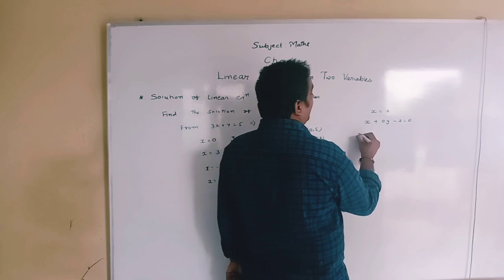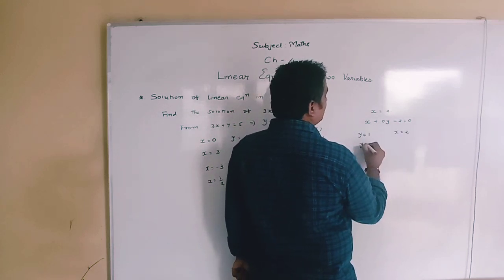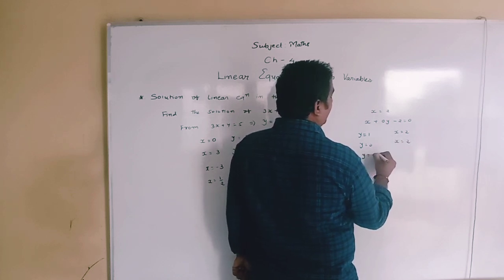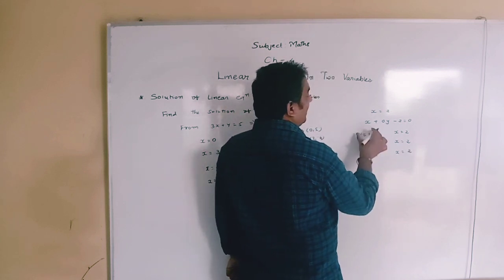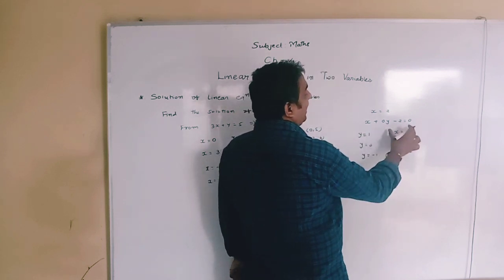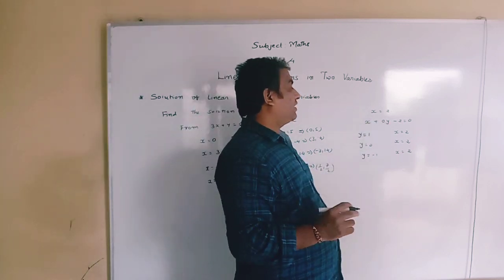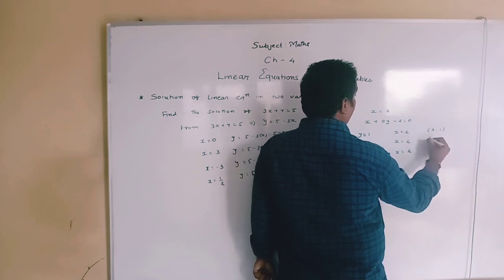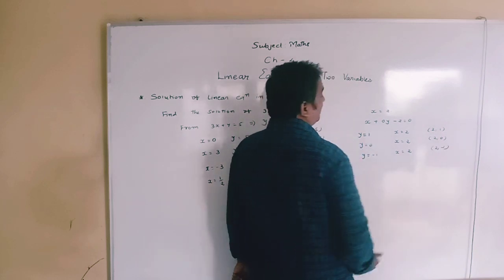So y equals 1, then x equals 2; y equals 0, then x equals 2; y equals minus 1, then x equals 2. So any value we take as the y value, the x value will be 2 only, because here the y coefficient is 0, and so the solutions will be (2, 1), (2, 0), (2, -1), like this.